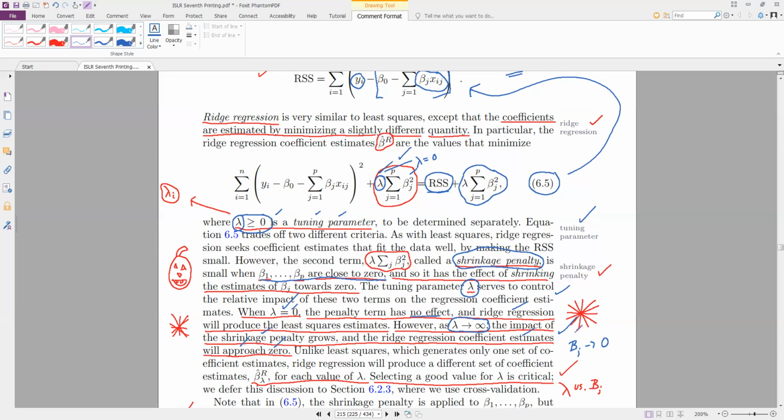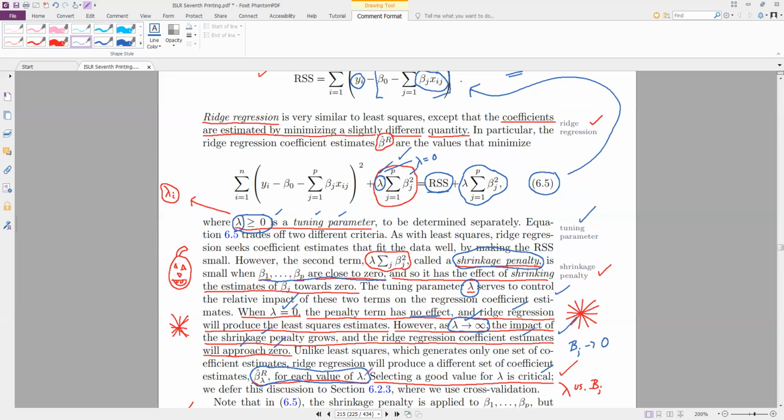This is an important point because we're going to be working with lambda in a second, changing the value of lambda and seeing what effect it has on some other indicators. So selecting a good value is critical, and you're going to have a different set of coefficients for each value of lambda.